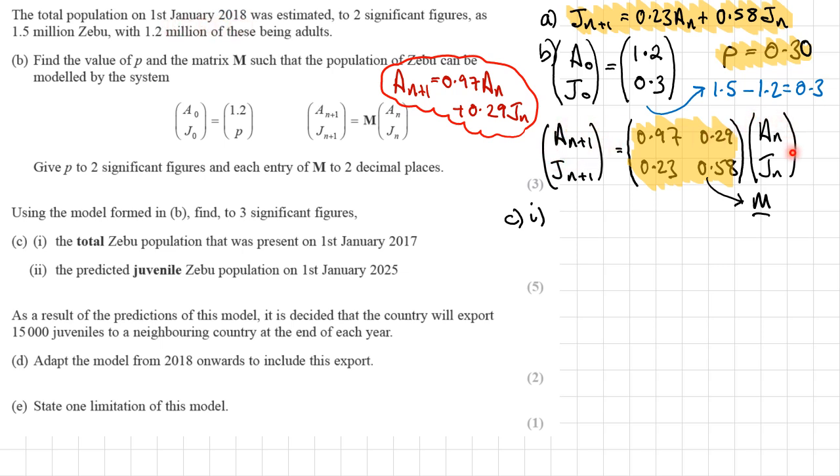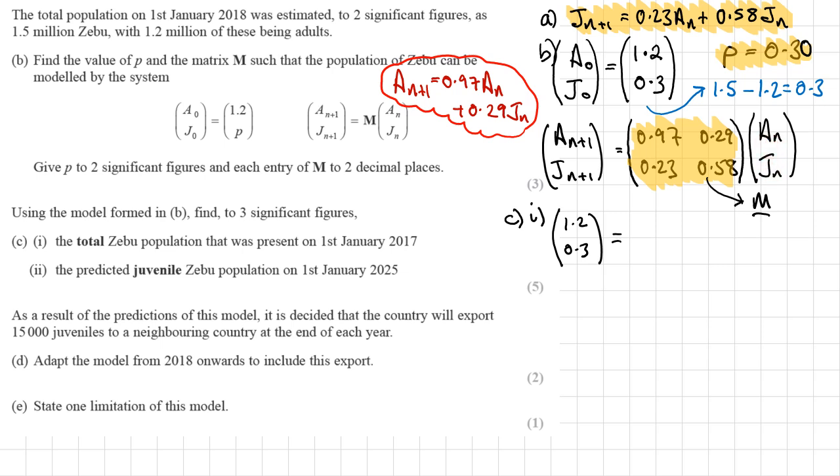So I basically want to find A_n and J_n, seeing that I know A_(n+1) and J_(n+1). So if I write that out as an equation, I know the next year, 1.2, 0.3, I want to find the previous year.